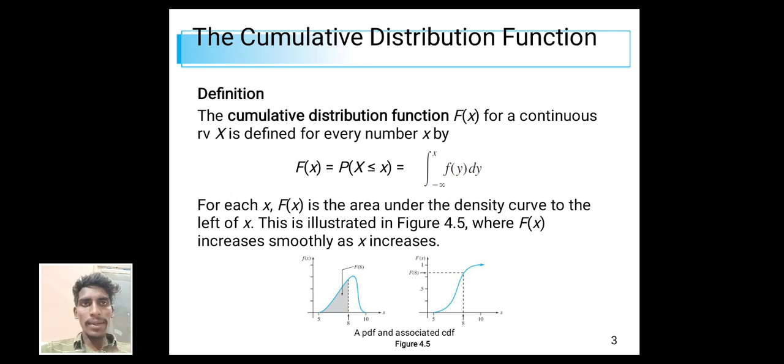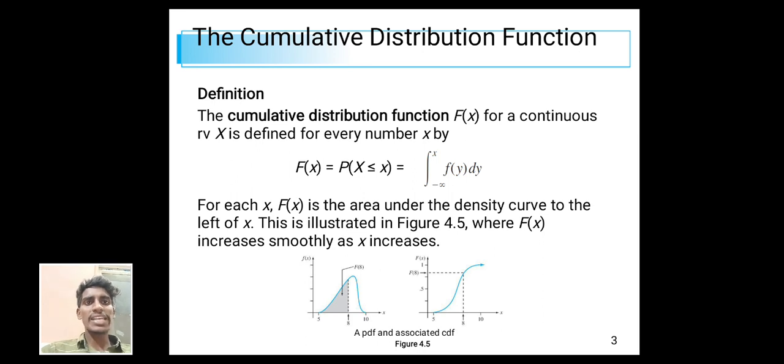The cumulative distribution function F(x) for a continuous random variable X is defined for every number x by F(x) = P(X ≤ x) = the integral from minus infinity to x of f(y) dy.